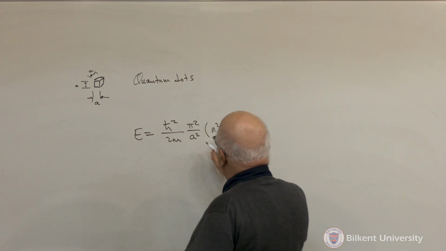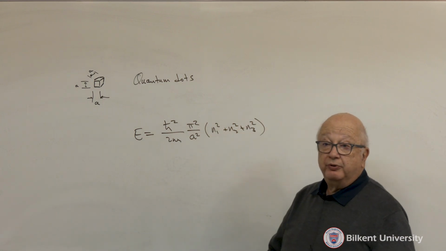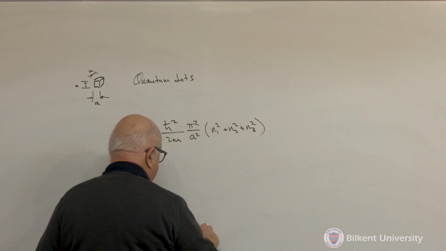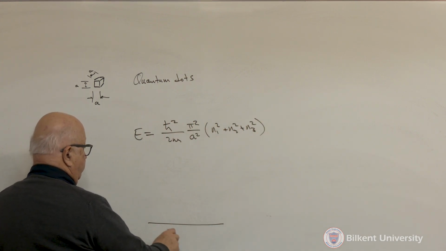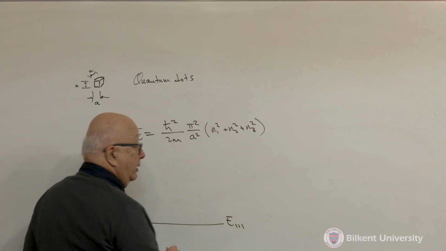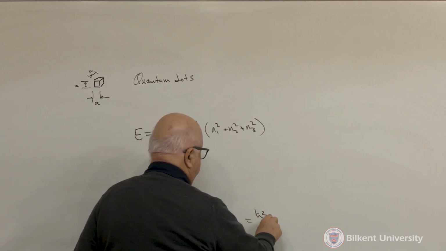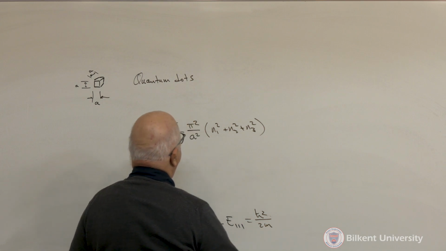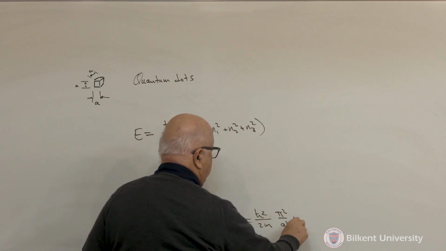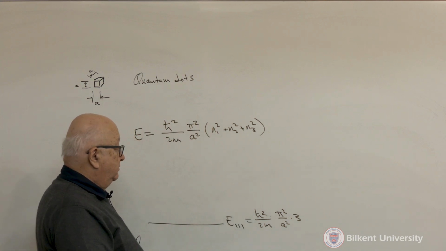The lowest energy state is when I have the smallest possible numbers for all three of them. So the lowest energy state is going to have, so I'll call it E111, which will have energy h bar squared over 2m, pi squared over a squared times 3.